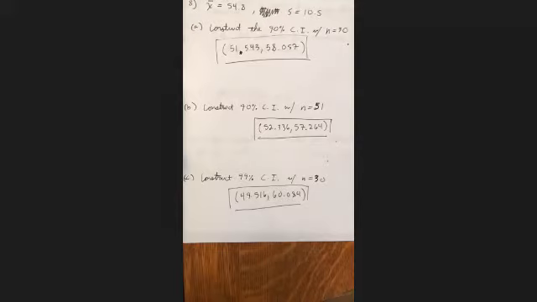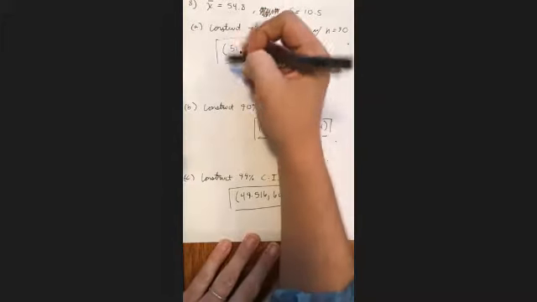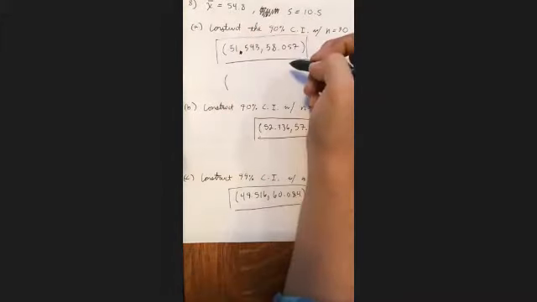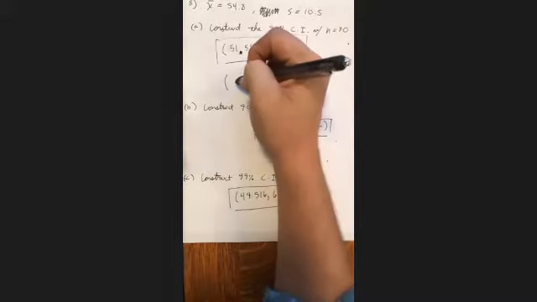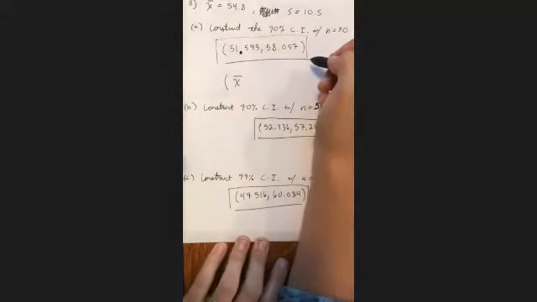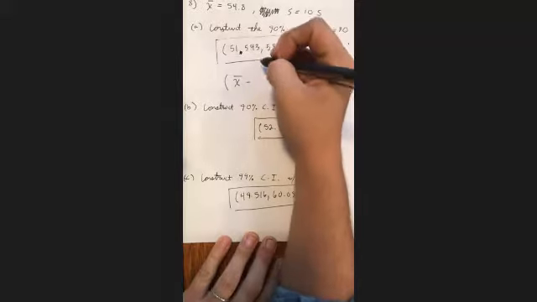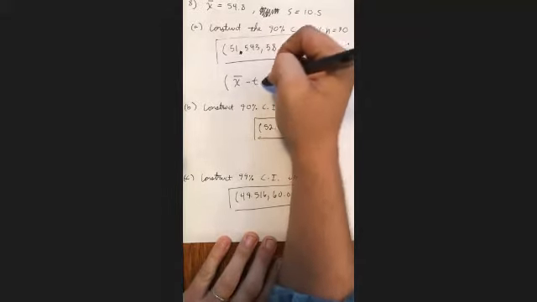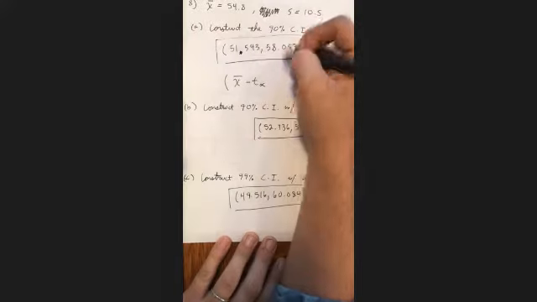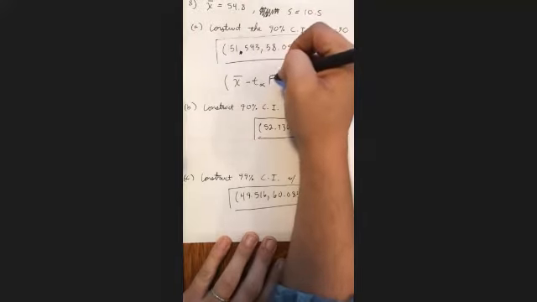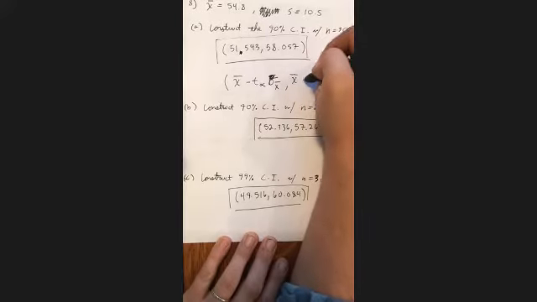The confidence intervals, remember how they're constructed. You have your estimator, and then you subtract the critical value times the standard deviation for the parameter, something like this.